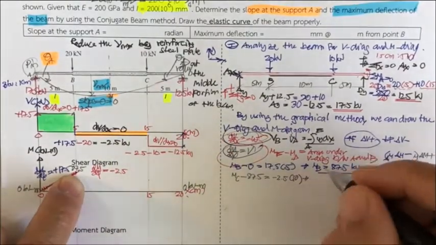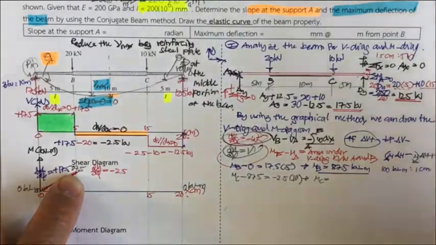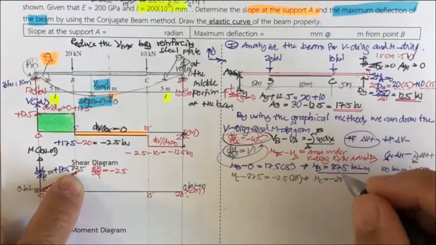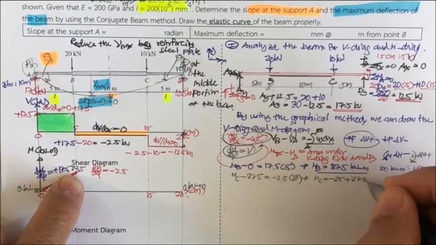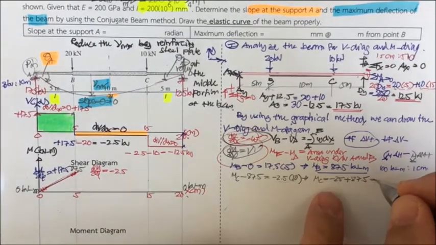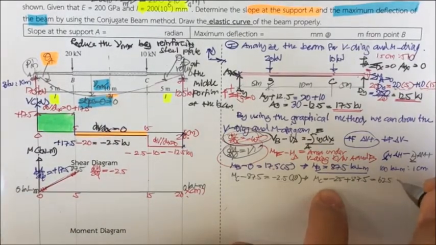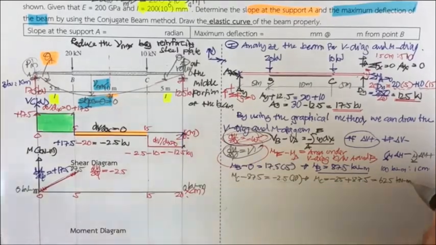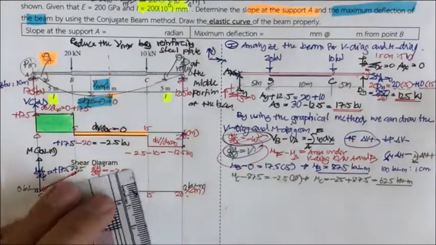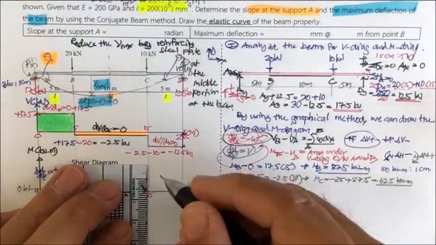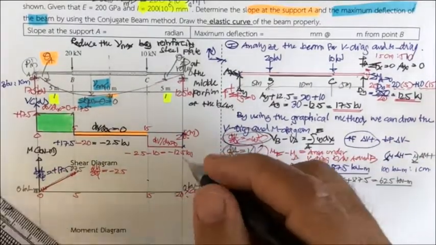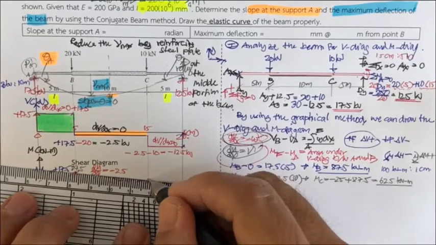Okay, and then you get M sub C equal to minus 25 plus 87.5, so M sub C is going to be 62.5 kilonewton meter. So you get your M sub C. That is a little bit larger than 6 millimeter, and then you got this.